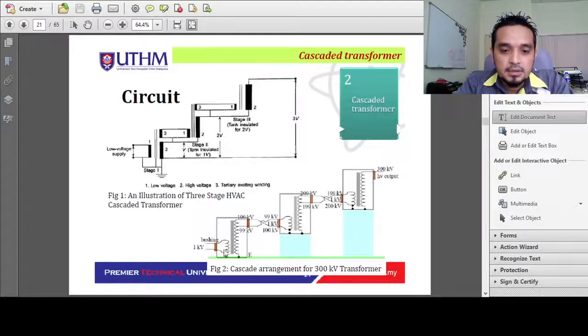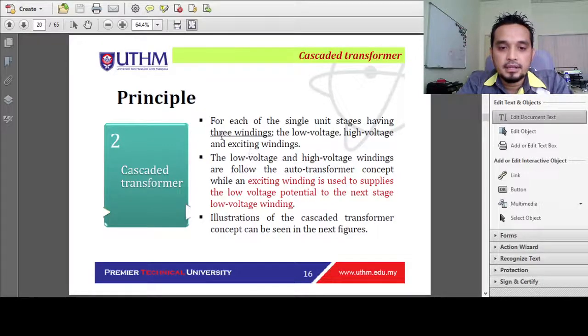Say 1 kV will generate 100 kV. 99 kV here will feed into the primary of this one, and 1 kV out of 100 will be fed as the excitation winding.